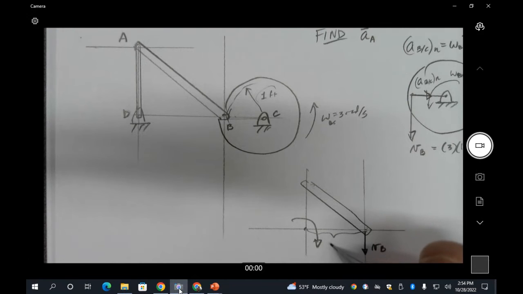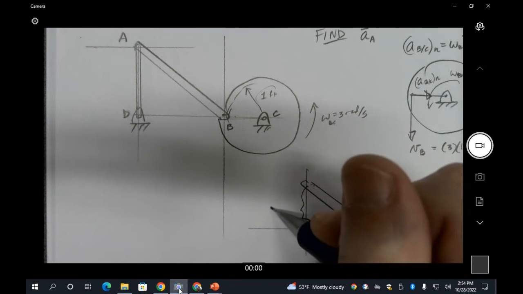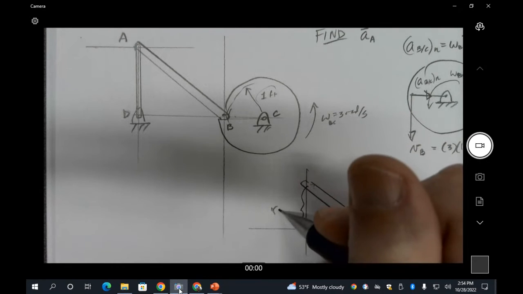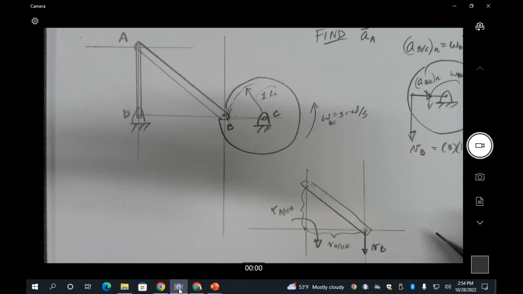So right here is going to be the RB with respect to ICR. And right here is going to be the RA with respect to ICR. But notably, let's see, where they give the dimensions onto this thing.